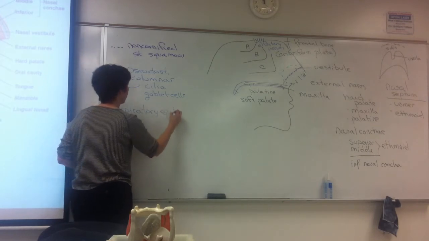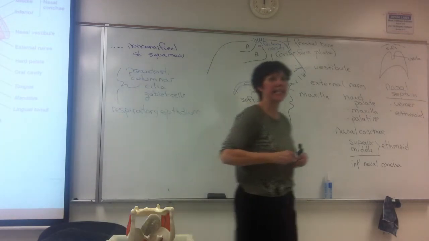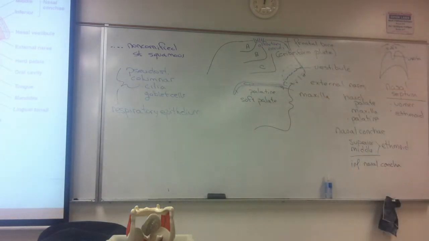This is not a histological term. In other words, if I say identify this tissue, I want pseudostratified columnar epithelium. But if the term lined with respiratory epithelium is used, pseudostratified columnar is recognized to mean that.